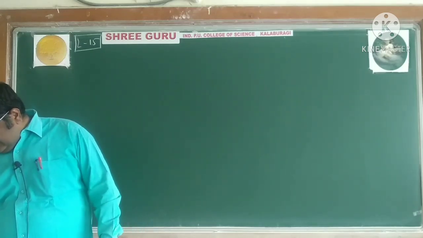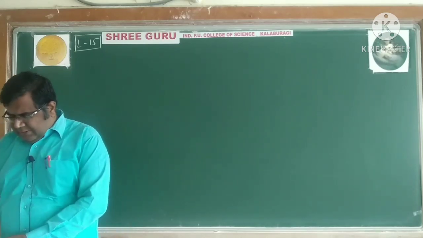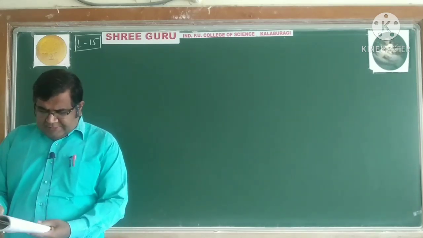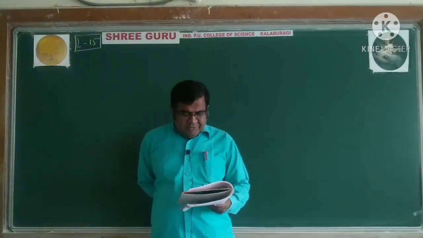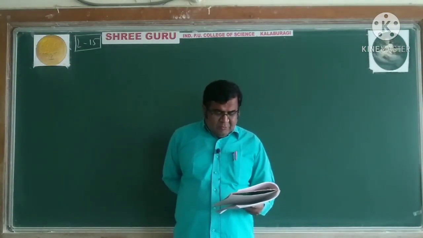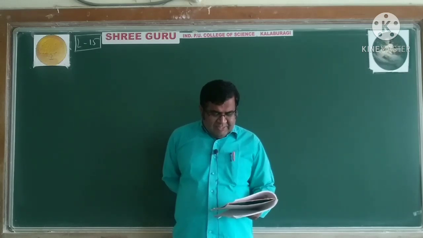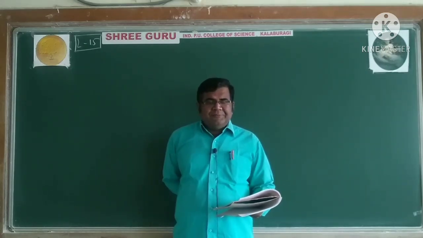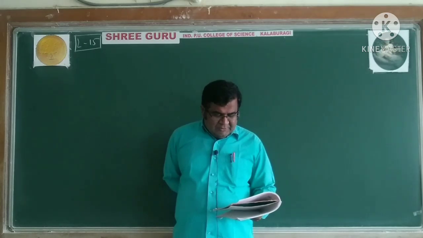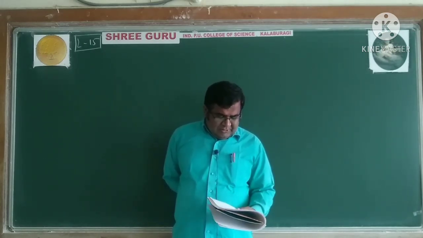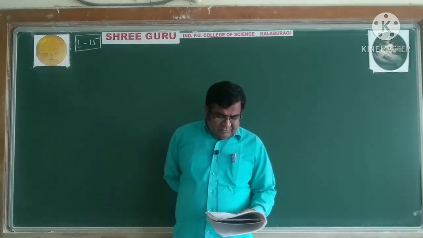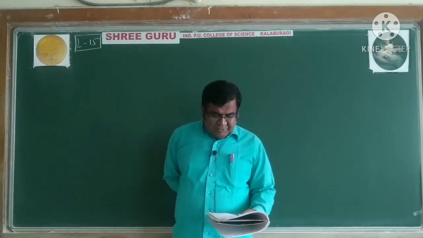The question was, determine the solubilities of silver chromate, barium chromate, ferric hydroxide, lead chloride and mercurous iodide at 298 Kelvin, and Ksp values were given, and the question was, determine the molarities of individual ions.